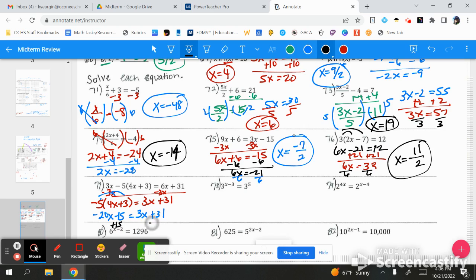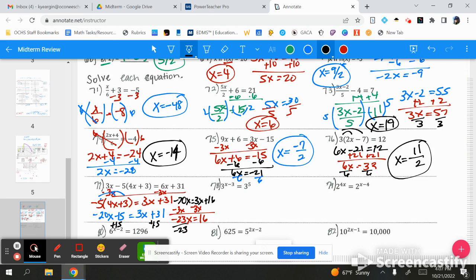Add 15 to each side. So I'm left with negative 20x equals 3x plus 16. Subtract 3x from each side. Negative 23x equals 16. Then you just divide each side by negative 23.